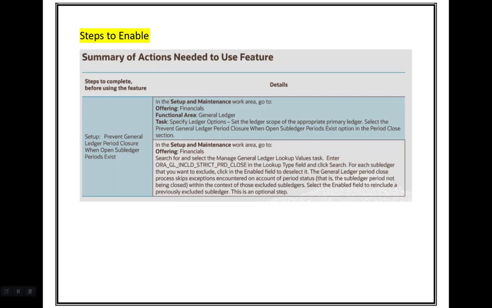Steps to enable, again, as I showed you before, through the GL Specify Ledger Options, there is one checkbox you have to enable, and also there is one lookup, which is ORA_GL_INCLUDE_STRICT_PRD_CLOSE. This shows you all of the existing subledgers which you can exclude and include.